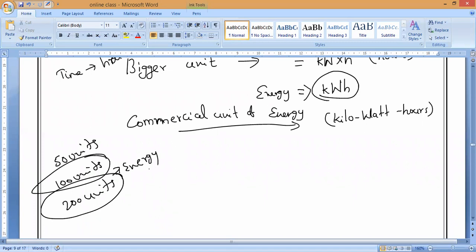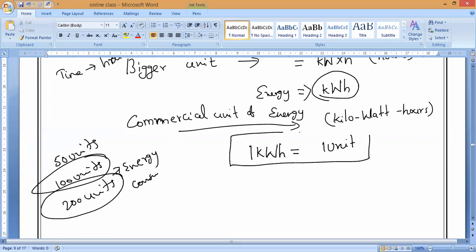So in our general language, 1 kilowatt hour is equal to 1 unit. Understand, everybody? So if I say your house this month 200 units is consumed, it means 200 kilowatt hours is consumed. Do you understand?